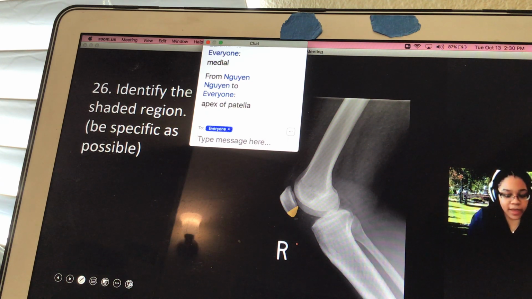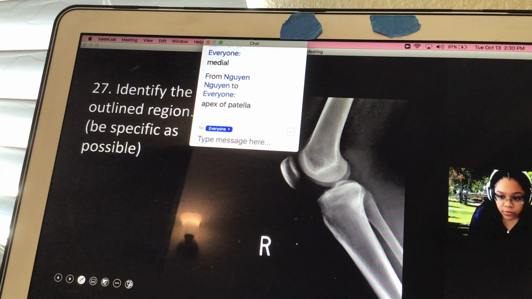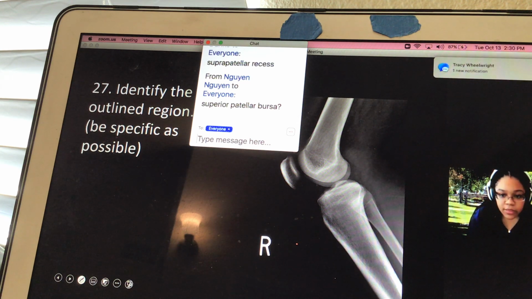So yeah, the apex or the inferior pole of the patella. Good. What's this region here? Yeah, it's above the patella.